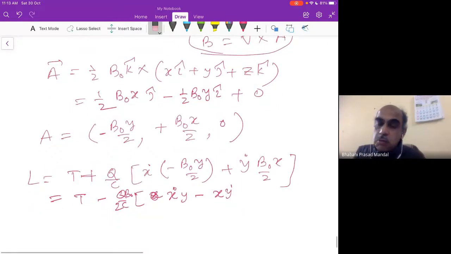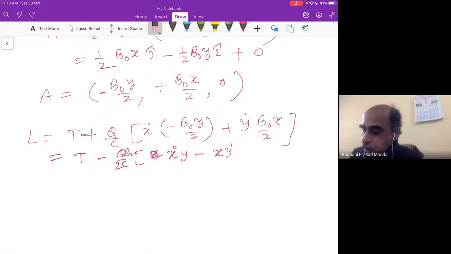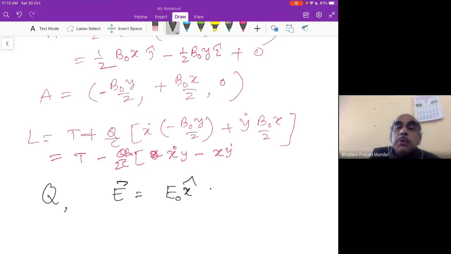Similarly, suppose I have a uniform electric field, and the charged particle has charge q, and its electric field E is given by, say, E0 in the x direction. How will you find that? You have to find phi.